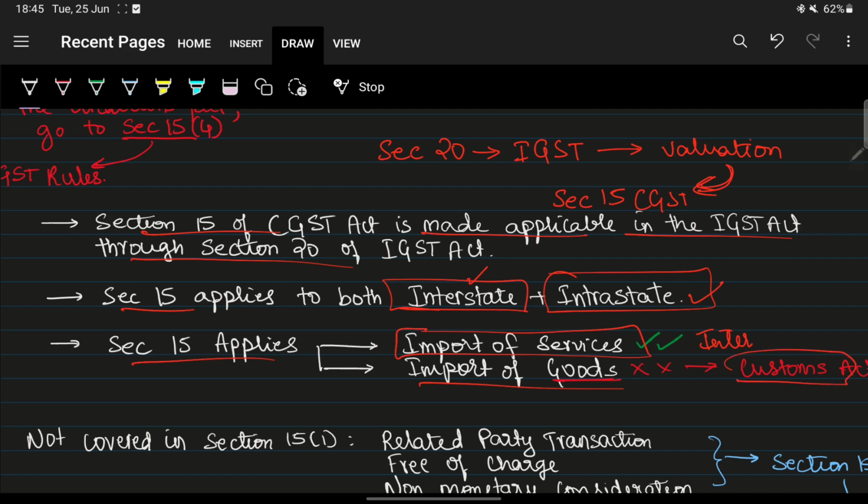It is covered under the Customs Act, which is again not in our syllabus. So here we are going to talk only about import of services when it comes to section 15.